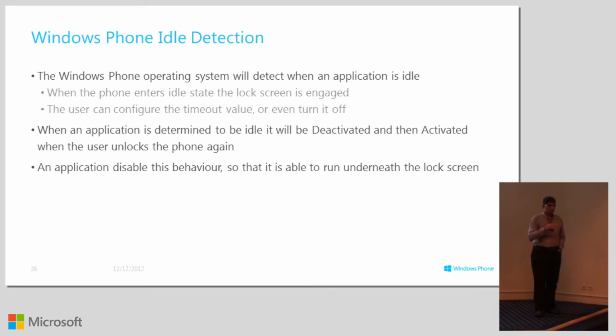And if the user does not realize that, then he could just flatten his battery. Right? So you should be a good citizen. You need to take care that you really need to run under the lock screen or not. If not, then the end result would be the application would be uninstalled by the user and he would not use your application.